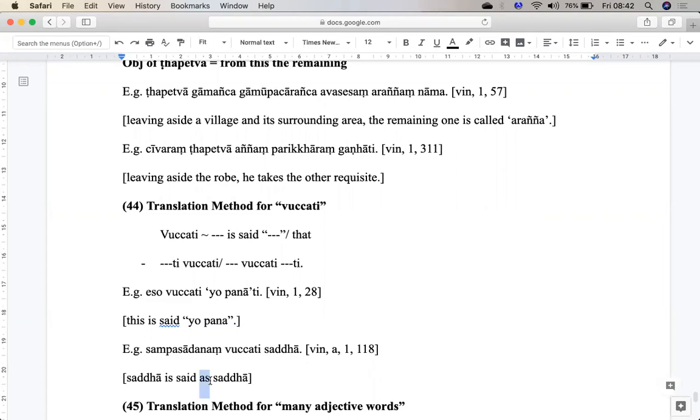So if before the OJD or after the OJD, there should be ED. Mostly we can find ED, but if there is no ED, it should be understood. The rule is just that. Said as or called as, okay, no problem.